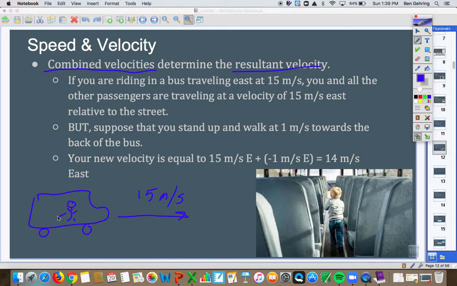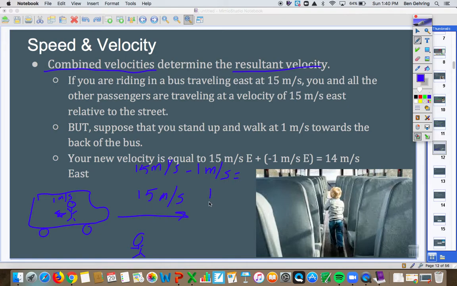If you walk to the back, not down, but to the back, with a velocity of 1 meter per second, your bus is still going forward with 15, but you're going backwards at a velocity of 1 meter per second. So to find your resultant velocity, your new velocity, compared to a person standing over here watching on the ground, it's going to look like you are moving at 15 meters per second to the east minus 1 meter per second to the west, or plus a negative 1 meter per second to the east.